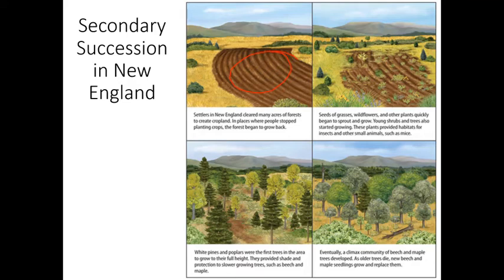So things like goldenrod are going to pop up really quickly. If you're trying to grow crops, you would call these weeds and you'd want to get rid of them, but these really are literally paving the way for future species. Okay, so again, most of them are herbaceous, fast-growing, and r-strategists.